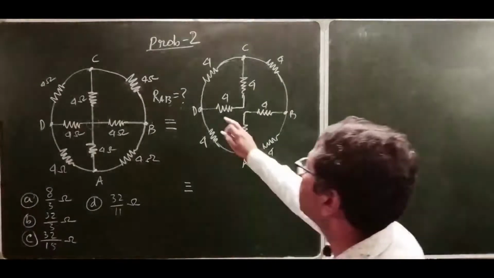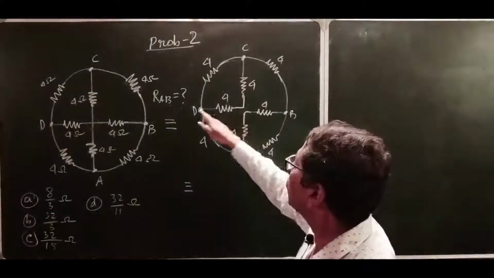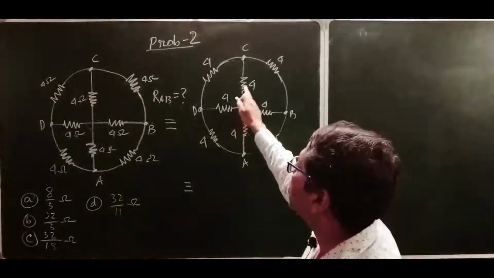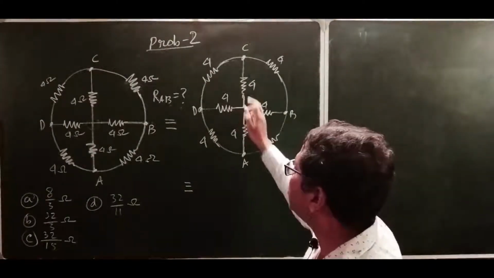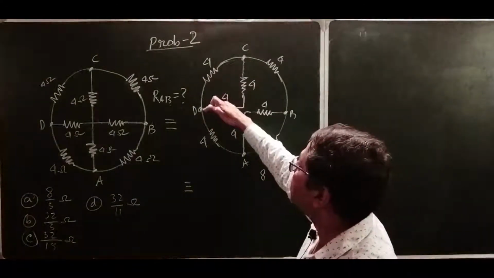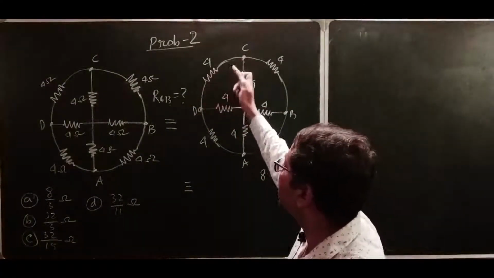In this case, these two 4 ohm resistances are in series, so the equivalent resistance of these two will be 8. This 8 is in parallel connection with this 4.